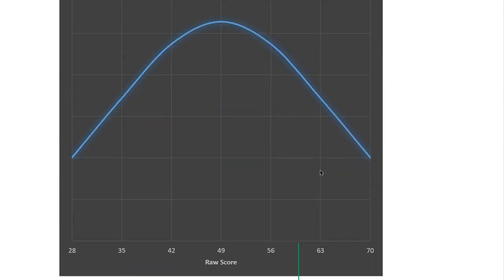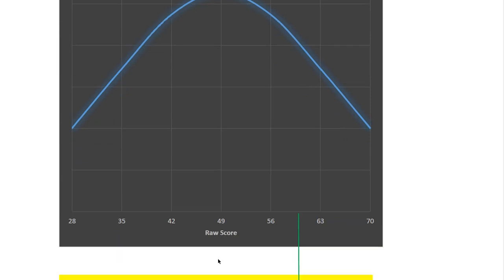Here we show our data set. 49 is the average, and 7 is the standard deviation.